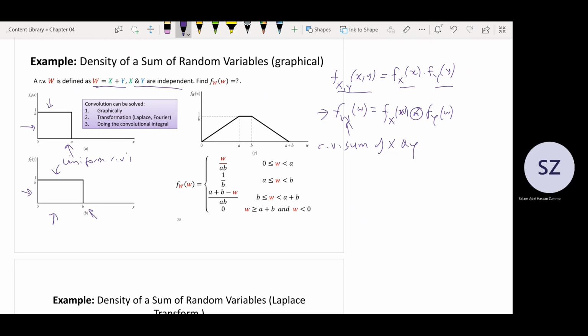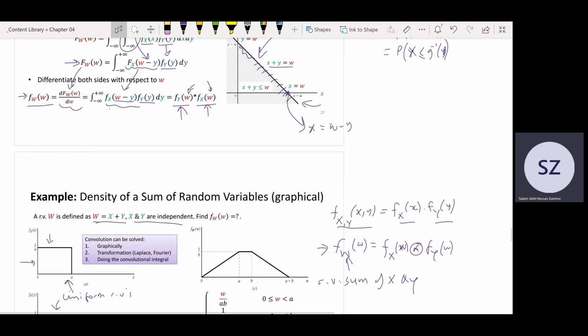Now, in order to do the convolution, you can use graphical convolution, or you can transform using the Fourier series, Fourier transform, or the Laplace transform, or you can do it directly. Let's talk about the graphical method first. What is convolution?